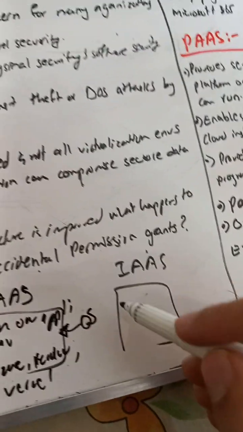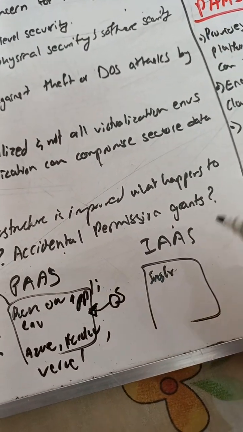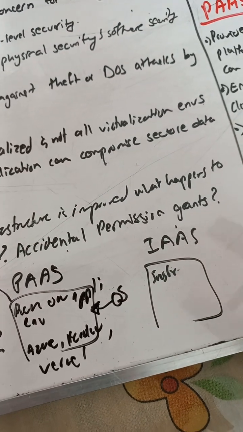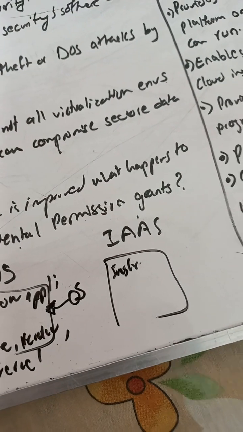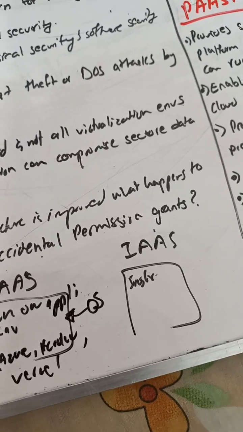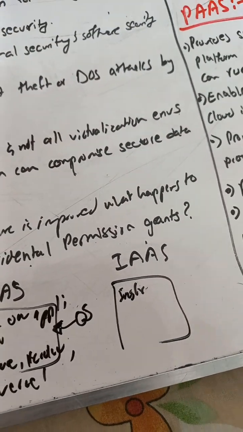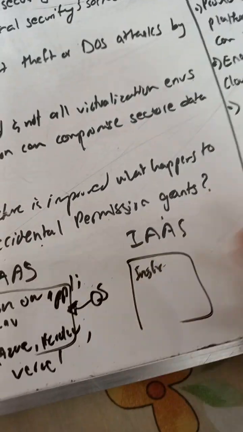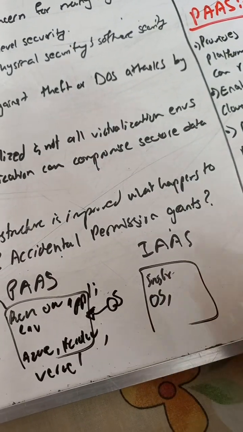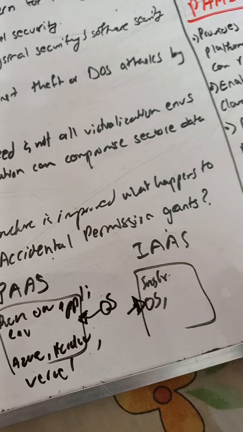IaaS के अंदर हम क्या करते हैं, हम पूरा इंफ्रास्ट्रक्चर का एक्सेस दे रहे होते हैं अपने यूज़र को, यानी कि he can't modify the structure, right, which means he can't modify or update the structure, but he has total control of everything over here, which means you have control over your OS. You can put any OS you want, right?